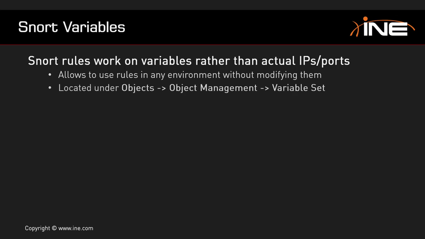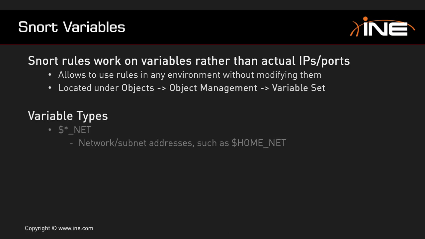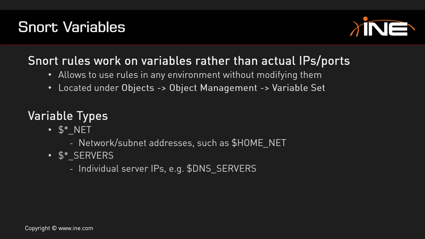Those variables, as we will see in the next session, will be located under objects. So we will be able to tune those variables. We will be able to create multiple variable sets or maybe just tune the default one. Now the variables themselves can be divided into three categories. We have those objects that define our networks, like for example HomeNet.